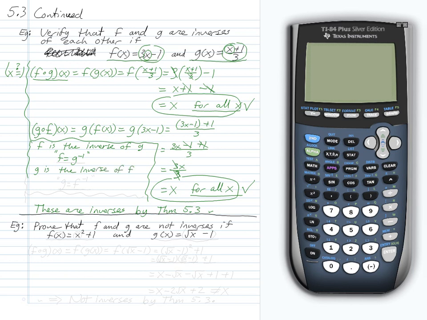Maybe f is our more interesting function, or the one that we care more about for some reason. And then we might want to use the notation that g equals f inverse.